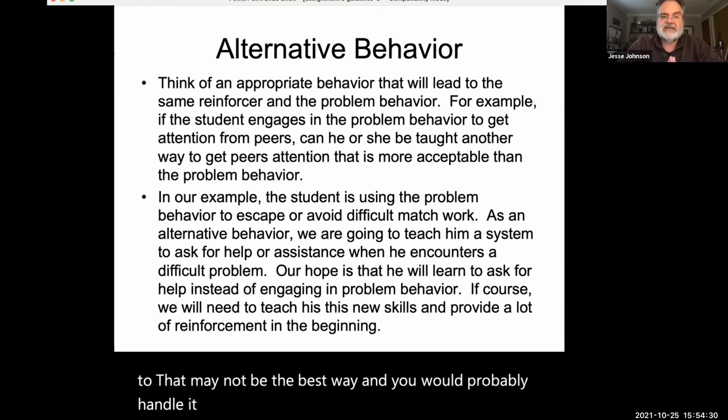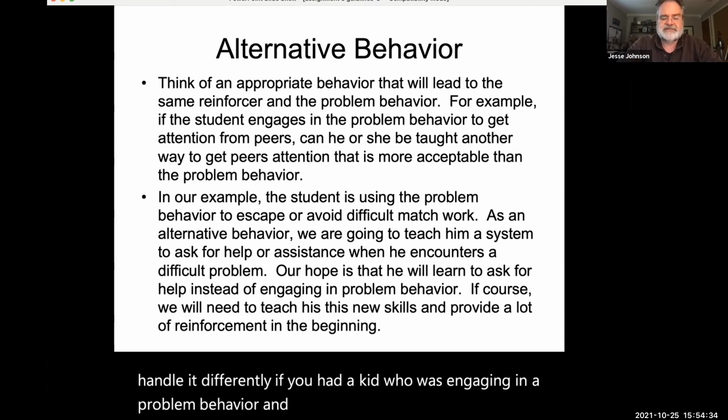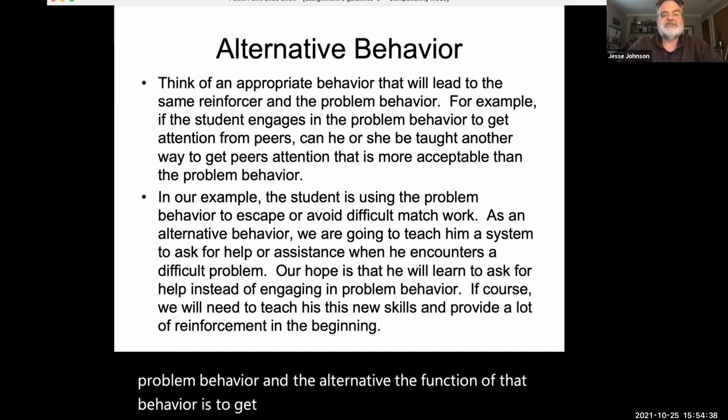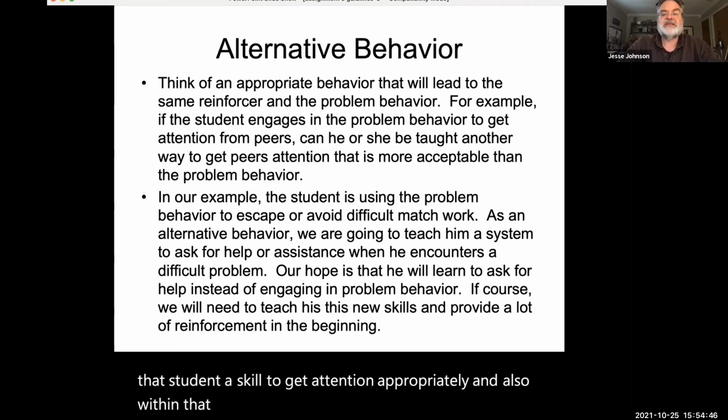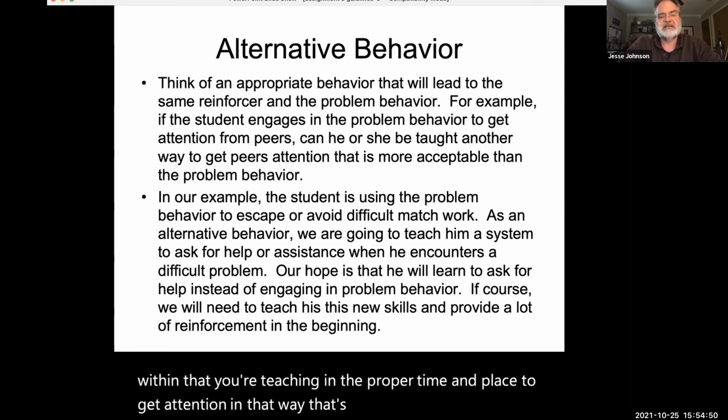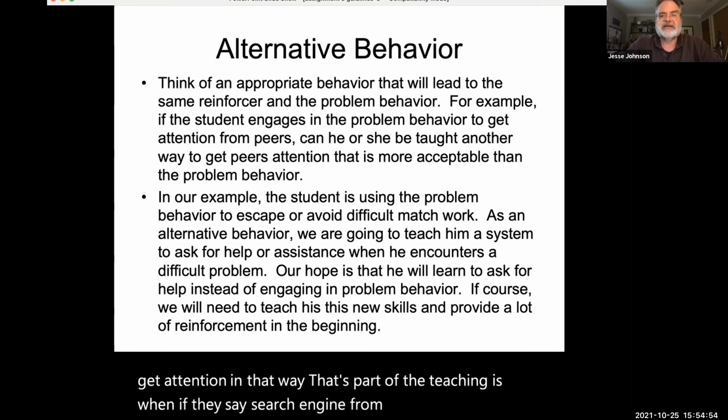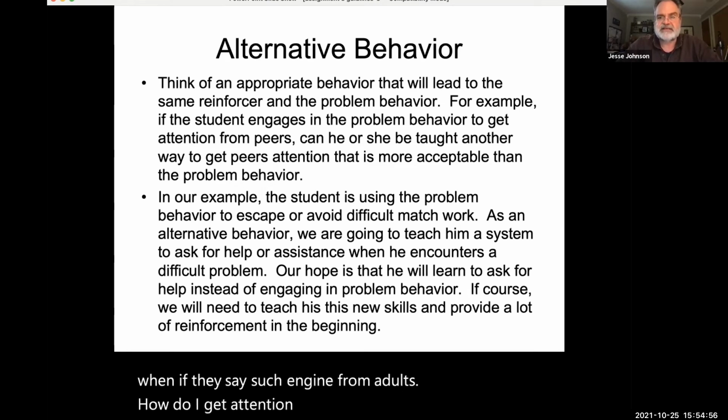Well, if you had a kid who was engaging in a problem behavior, and the function of that behavior is to get attention, that means you need to teach that student a skill to get attention appropriately. And also within that, you're teaching them the proper time and place to get attention in that way. That's part of the teaching is, if they say it's attention from adults, well, how do I get attention from adults appropriately?